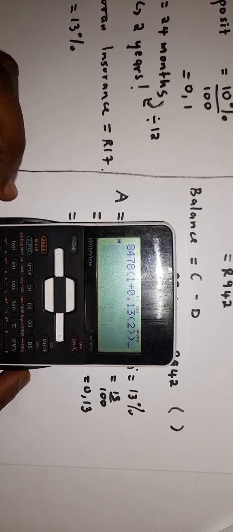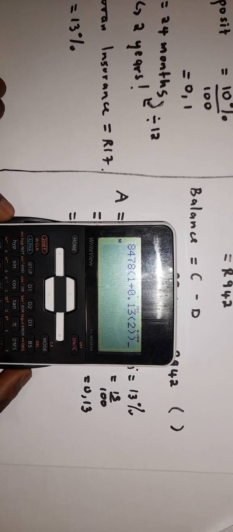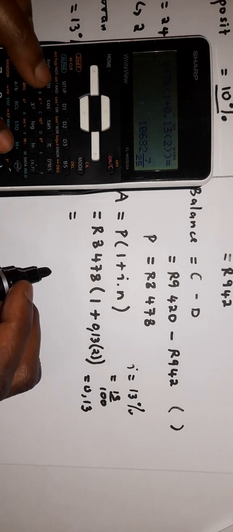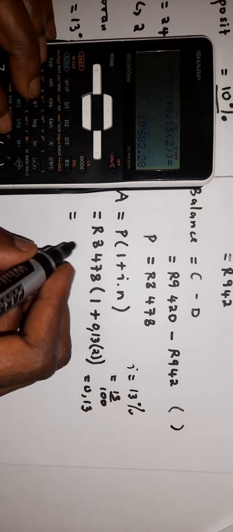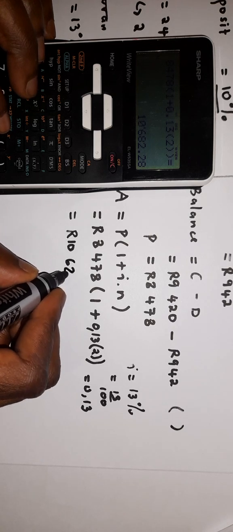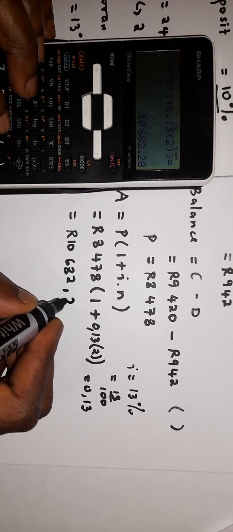If you check on my calculator, I've just substituted exactly as it is on my formula. Then all you need to do is substitute and get the answer. Right, my answer is exactly 10,682 rands and 28 cents.